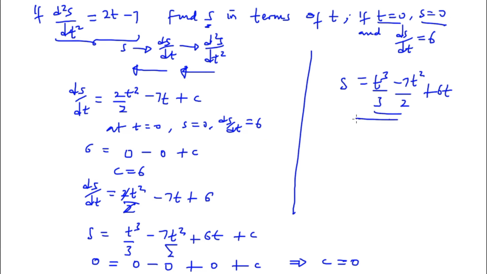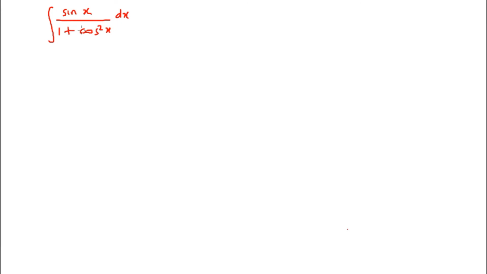Now let's say we want to find the integral of sin x over 1 plus cos² x. The only relation we could think of is a² plus x², as part of the standard integrals.